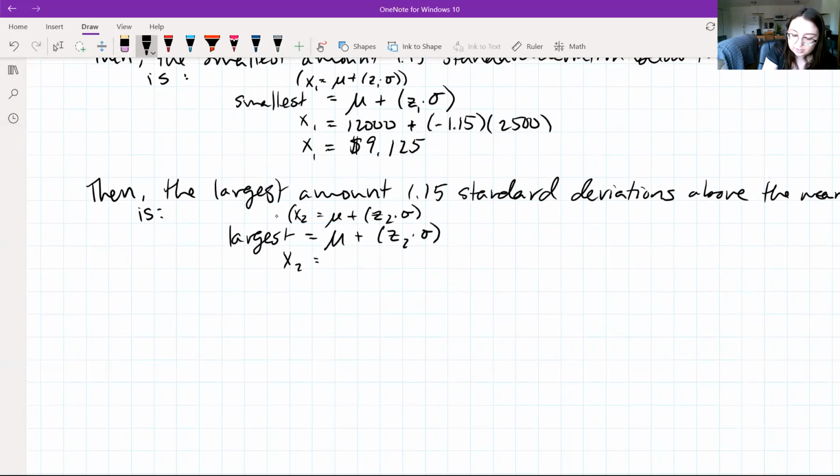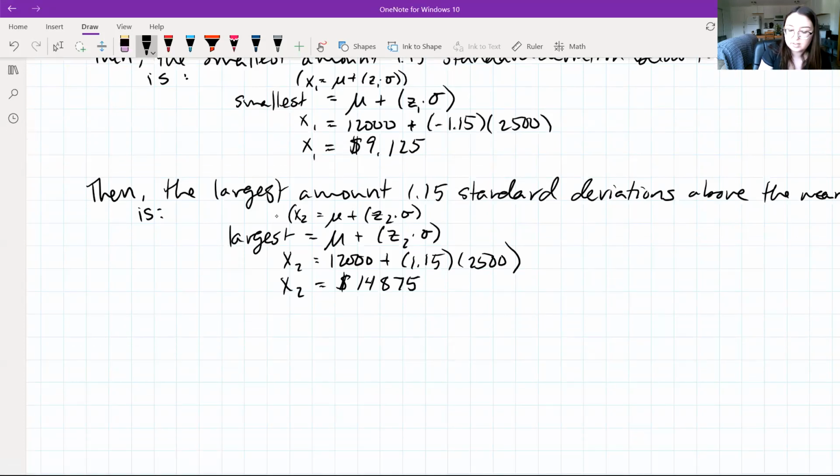So we say x2 is equal to $12,000 plus 1.15 times 2,500. Now we can calculate this value, and we end up getting $14,875.